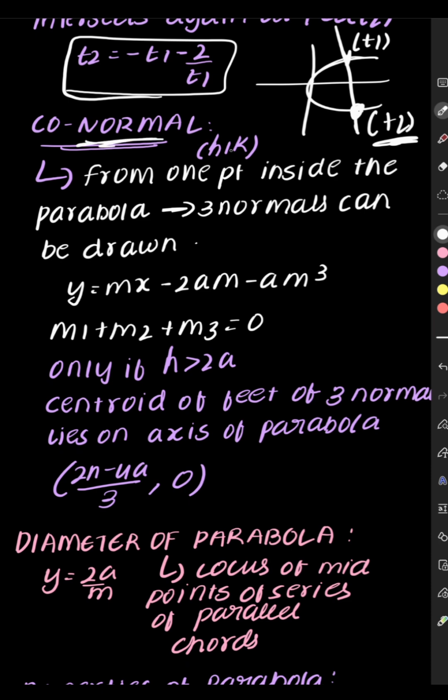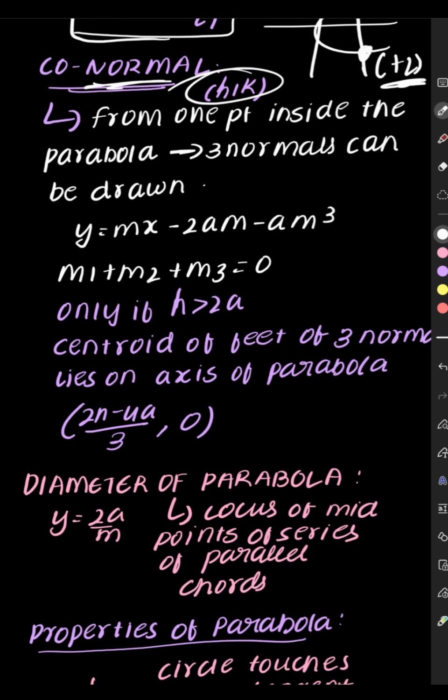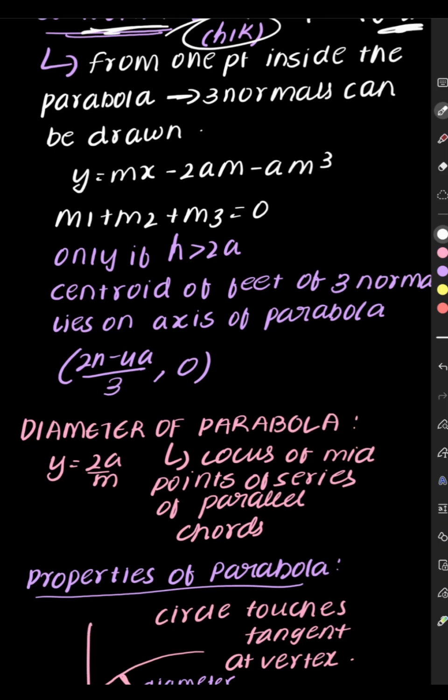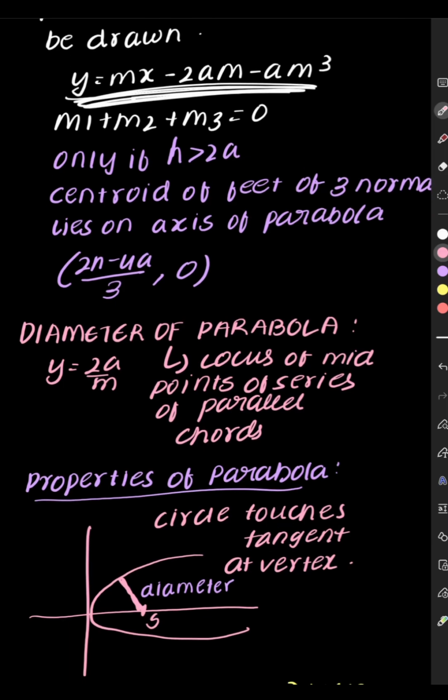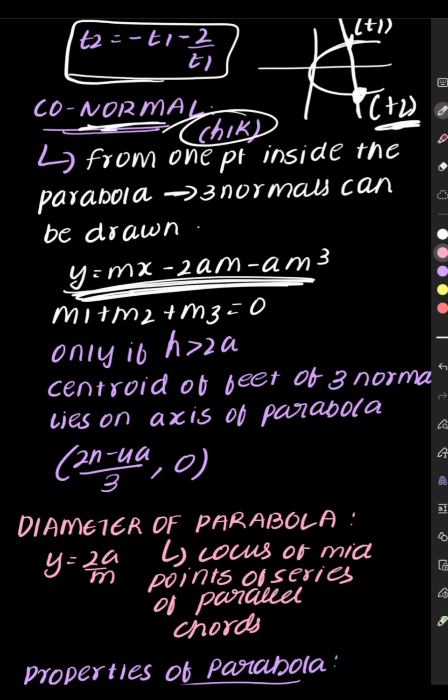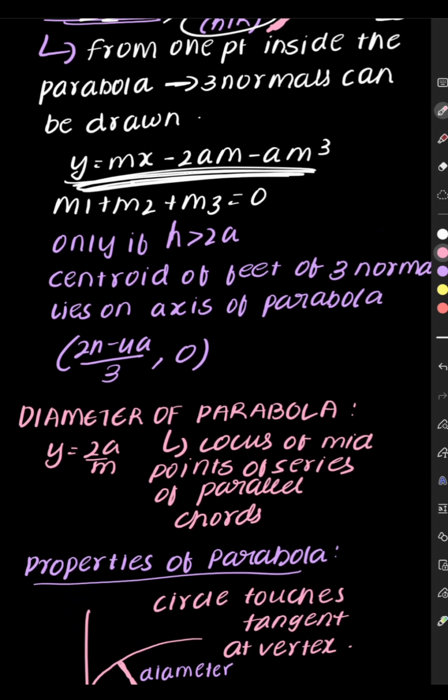Co-normal. So from any point h comma k which lies inside the parabola, 3 normals can be drawn on the curve. And like I said, this is the equation for a parabola normal. How do you find all 3 equations? Basically you're given the point h comma k, you're going to satisfy this equation with h comma k, and you'll get a cubic equation in terms of m.